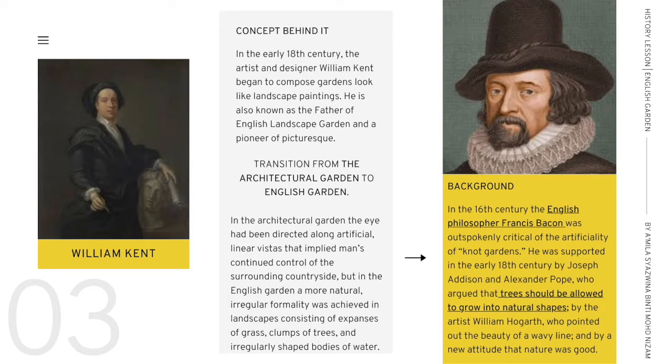The architectural garden is more linear and more formal, with a linear vista that implied man's continued control of the surrounding countryside. But the English garden has a more natural look, a natural view, and an irregular informality that is achieved in the landscape.